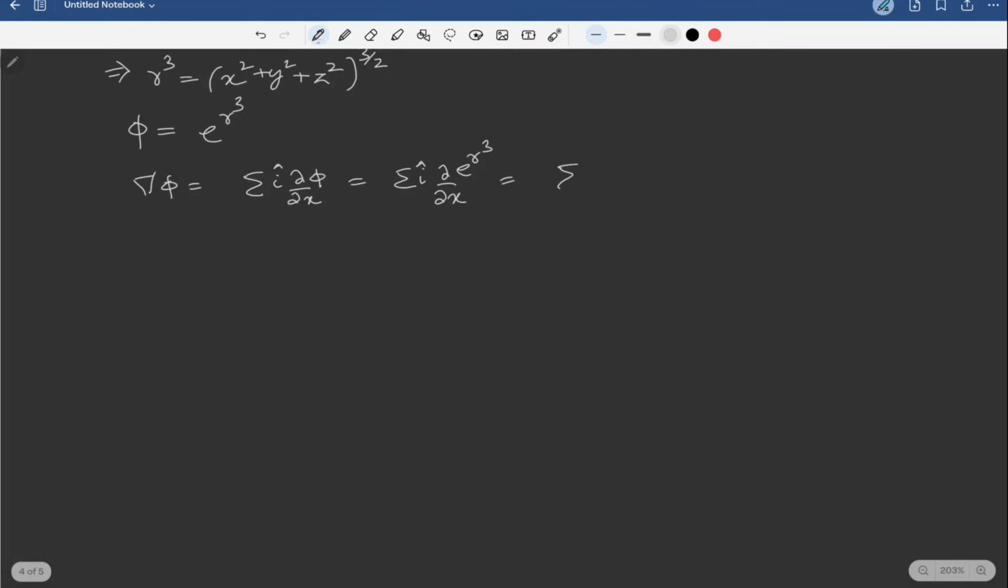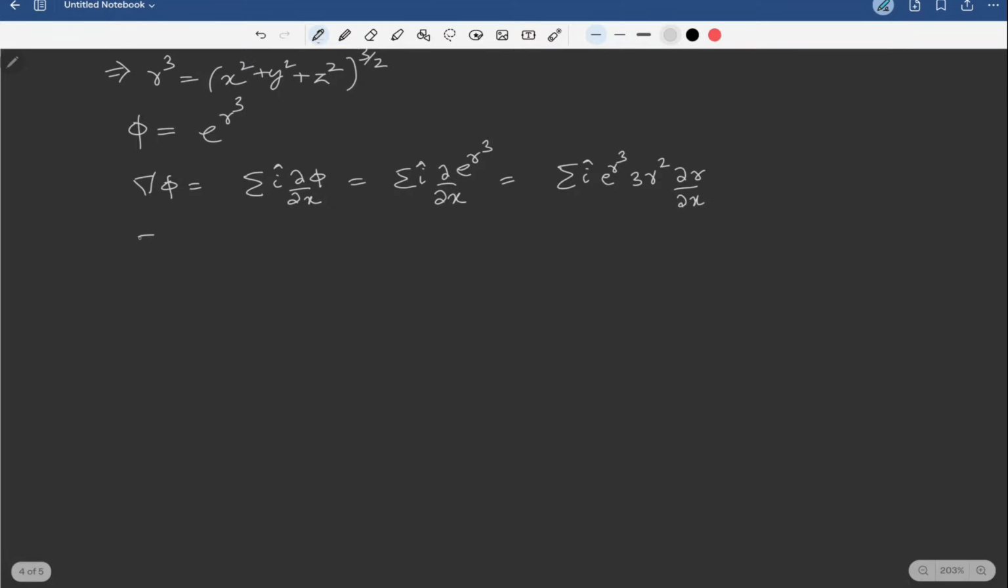So we get i cap into e raised to r cube, since differentiation of the exponential function is the exponential function. Again we have to differentiate this term separately, so it will become 3 into r square. Again we have to differentiate this term, so we get del r by del x.